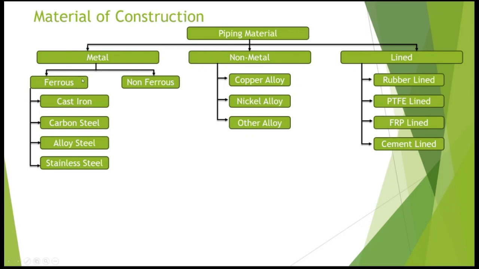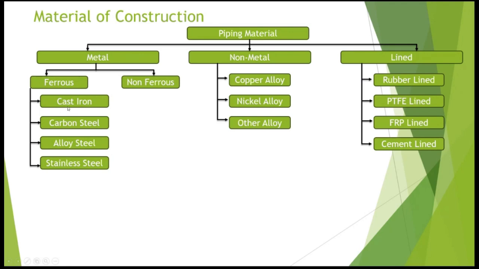In the metal also we have ferrous and non-ferrous. I'm sorry, the non-ferrous should be copper and nickel alloy; I mistakenly put it there. In ferrous we have cast iron, carbon steel, alloy steel, and stainless steel.